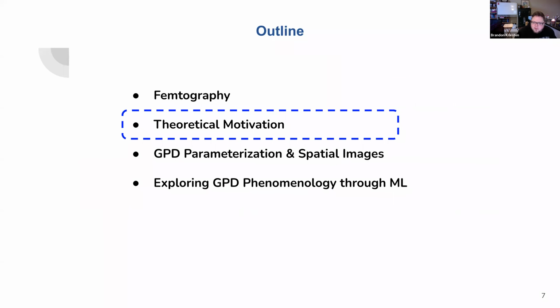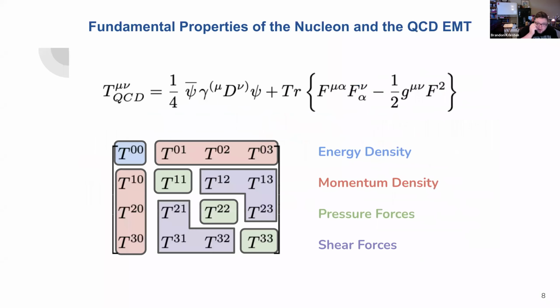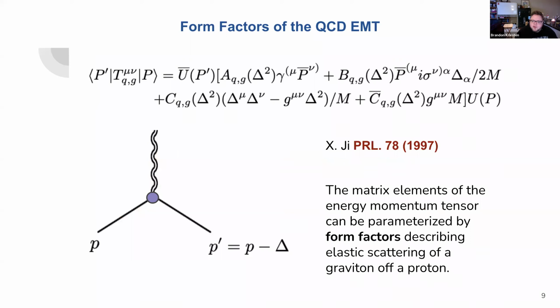So, giving some theoretical motivation, we know that when we want to describe the fundamental properties of the nucleon, we have to go to the QCD energy momentum tensor, which encodes information such as energy density, momentum density, pressure forces, shear forces, things like these. And it was shown, for instance, by Xiangdong Ji in 1997, that one can parameterize the QCD energy momentum tensor through form factors when you take the matrix element between off-forward proton states.